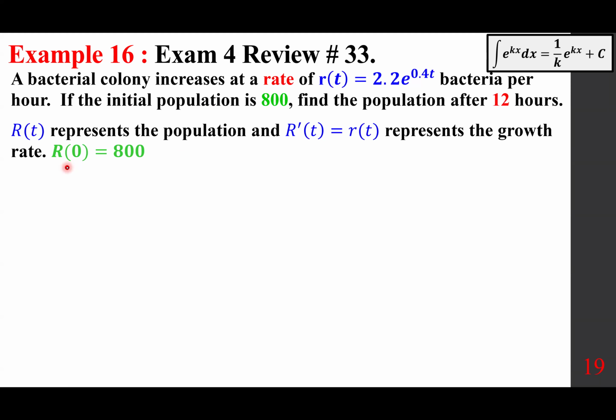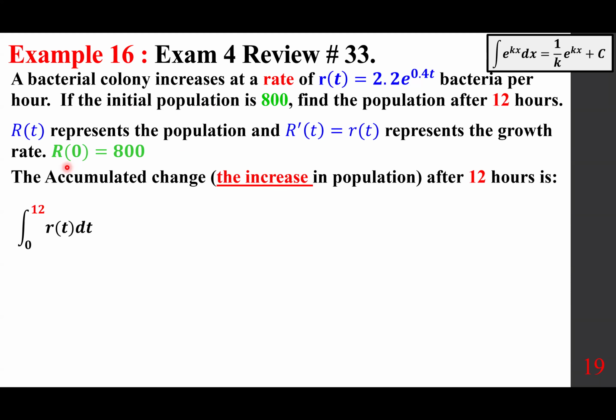So according to the accumulated change, the amount of increase after 12 hours is the integral. So the accumulated change, the increase in population after 12 hours, is the integral from 0 to 12 of lowercase r of t dt, which is going to be 2.2 e to the power of 0.4t.